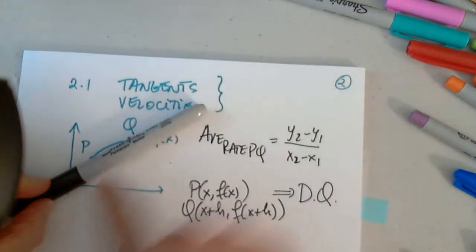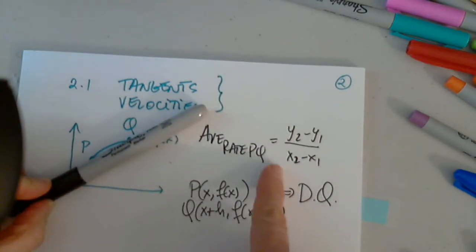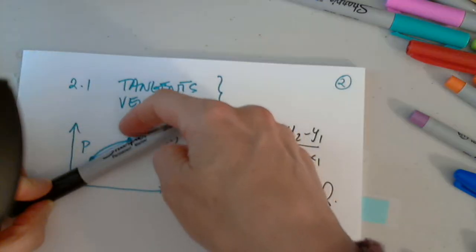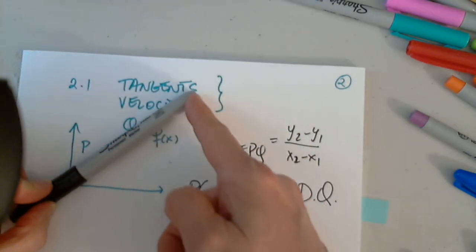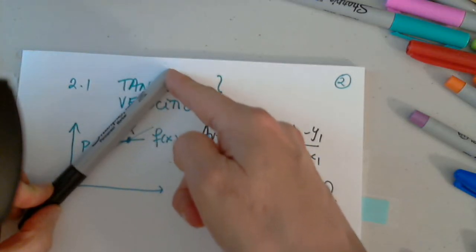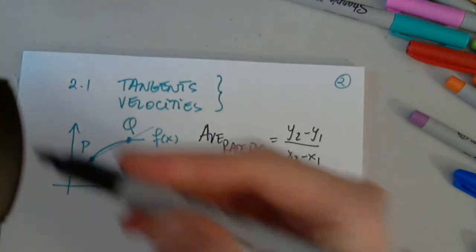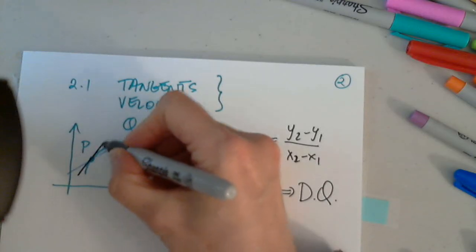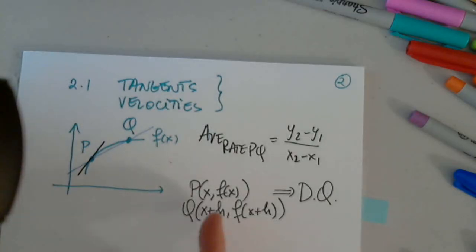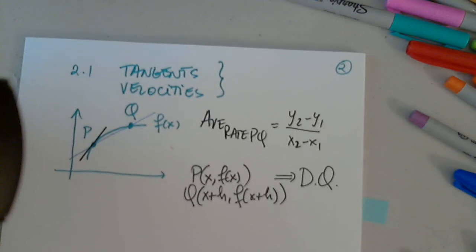This is the average rate of change. When we bring Q closer and closer to P, as you see, this becomes the tangent line at P. Okay, so this is what the difference quotient is. Very close. We're going to show that.